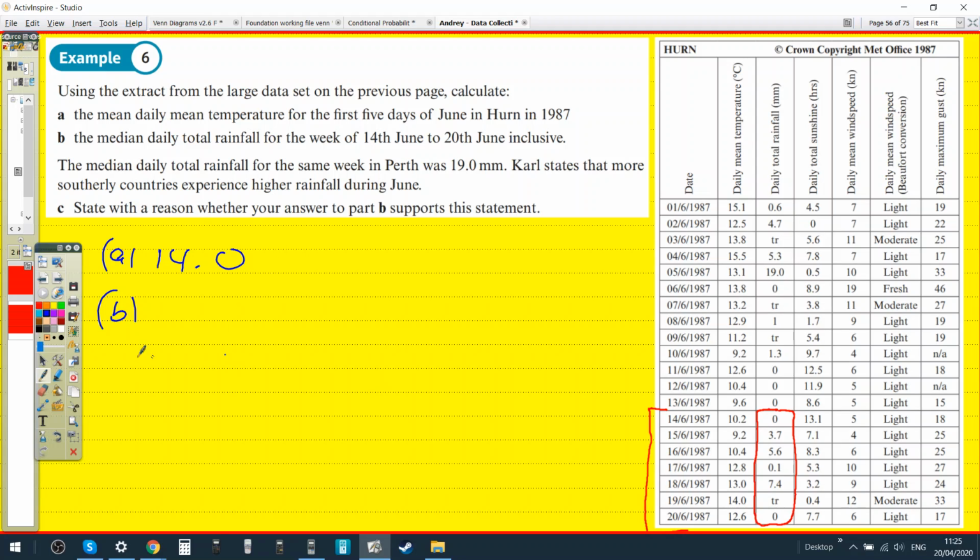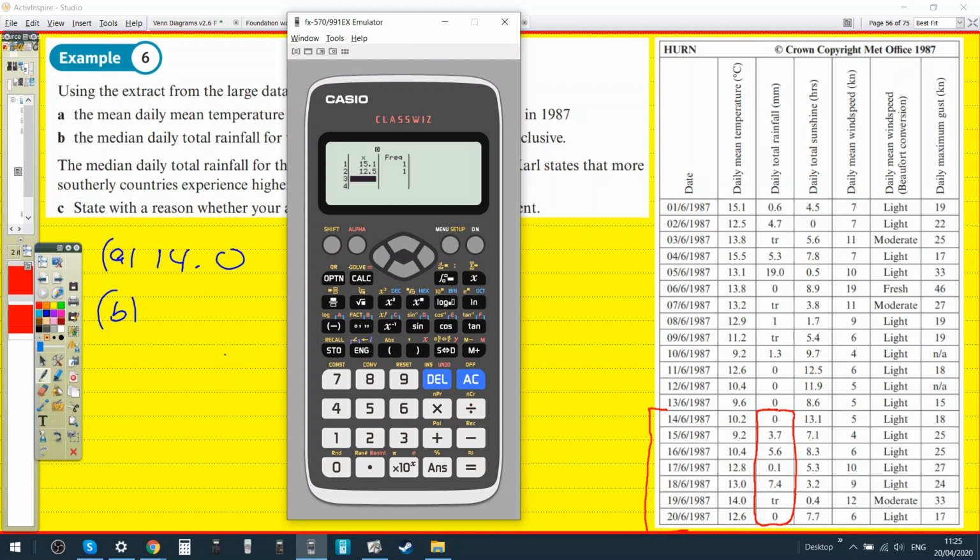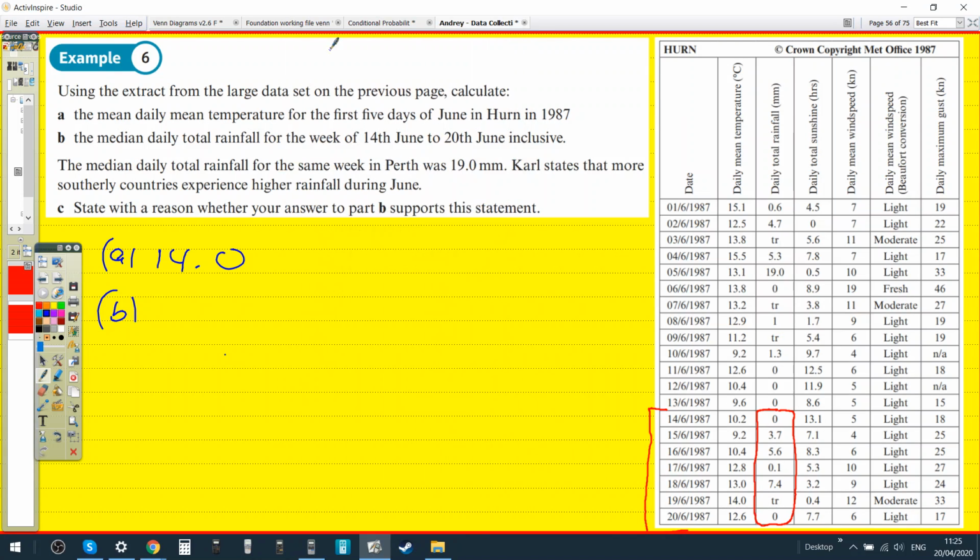Yeah. So without TR, my 2 midpoints are 0.1 and 3.7. So do I need to now find the midpoint of those 2 numbers? Mm-hmm.